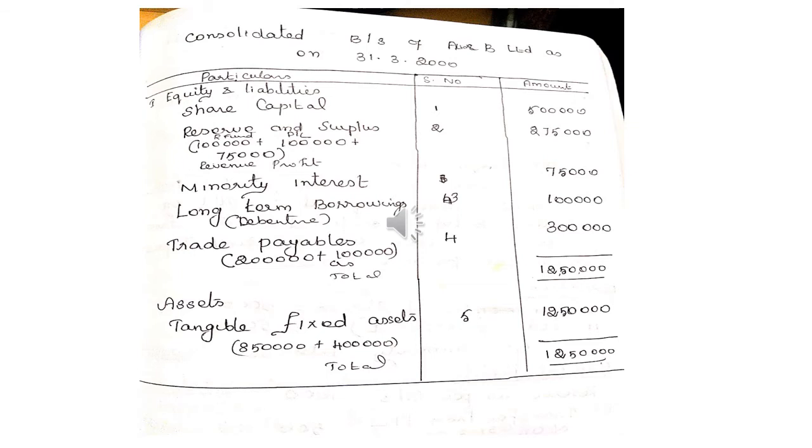Assets: tangible fixed assets 8,50,000 and 4 lakh. The total is 12,50,000. So we have consolidated the balance sheet of the holding and subsidiary company. In the subsidiary company, the reserve and profit and loss account were taken for the calculation of revenue profit, so we have to ignore them.